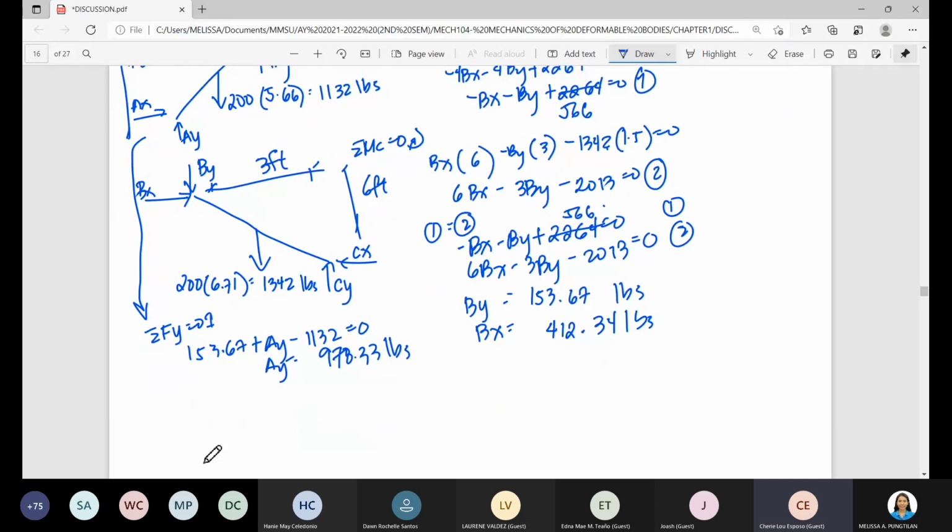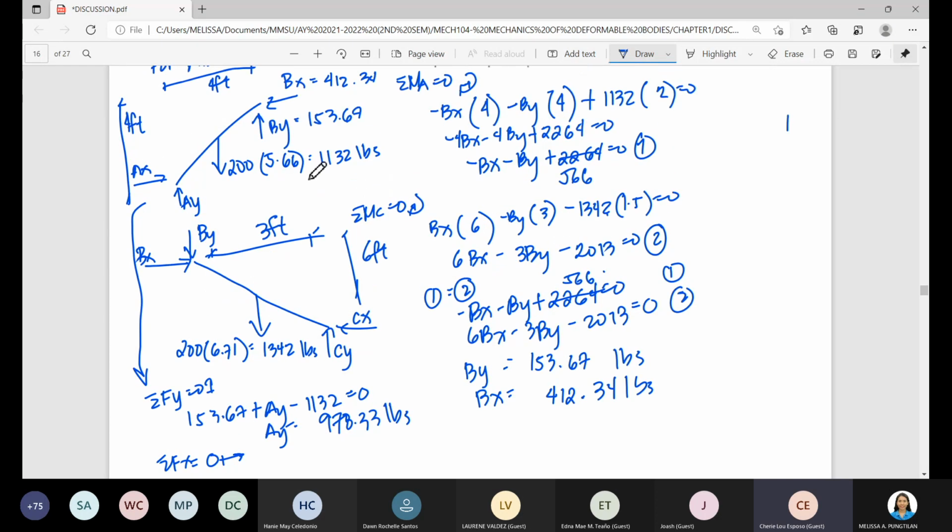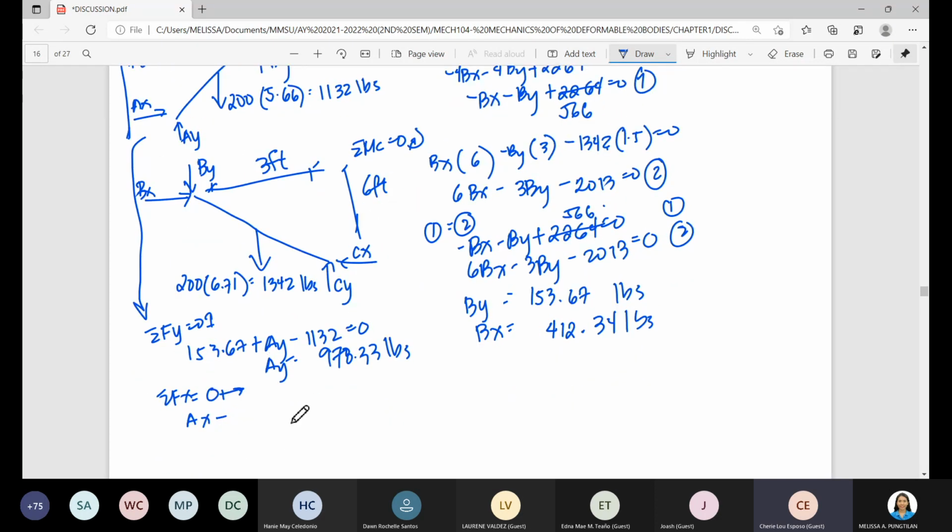And then, taking the summation of forces along x direction to the right as positive. So, meron tayong Ax minus 412.34 is equal to 0. Therefore, Ax is equal to 412.34 pounds. So, the force at A is just the resultant of Ax and Ay.